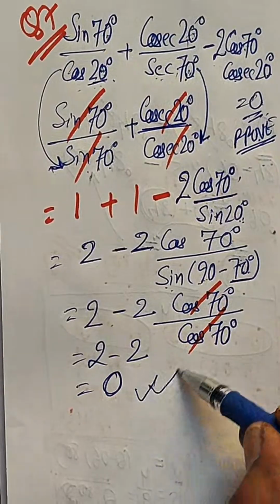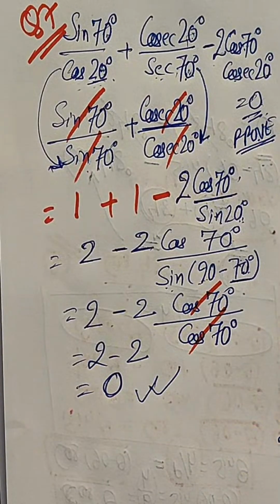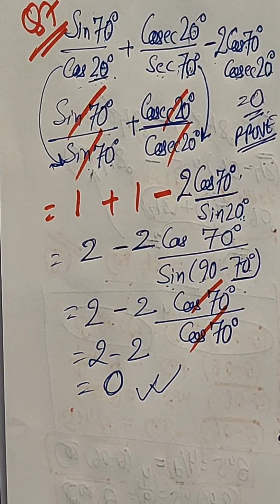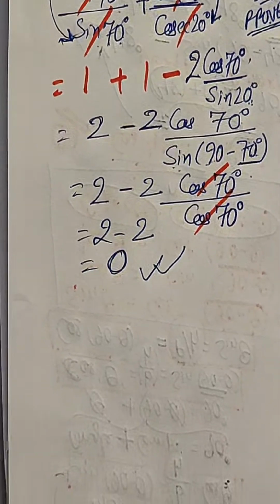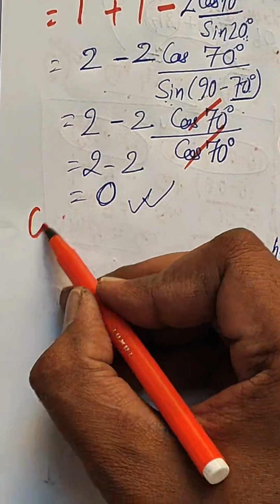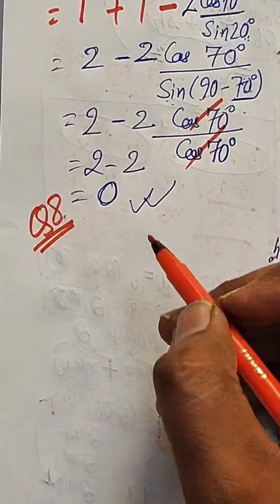Right? So I think students, we have already solved many such questions of complementary angle concepts. There is a good question which I have already put into my shorts. This is question number 8 for today's series live class.